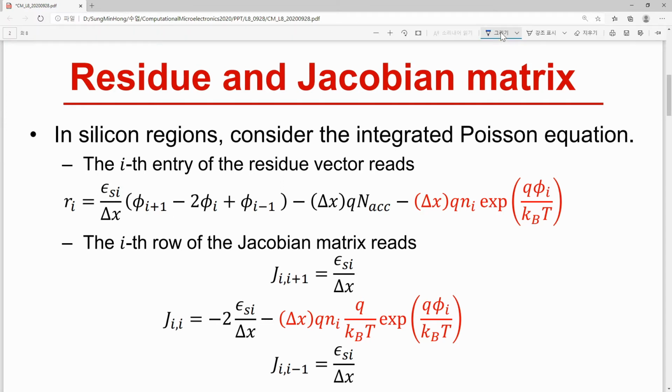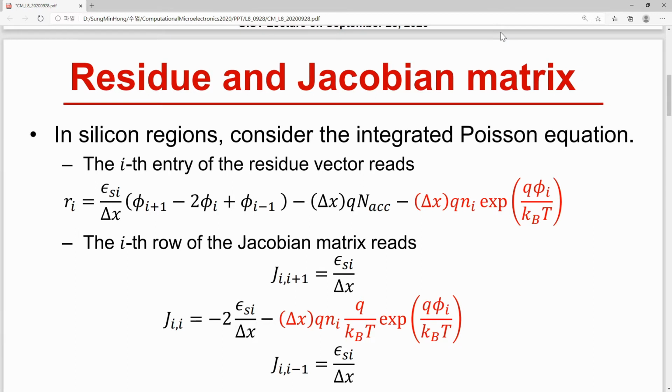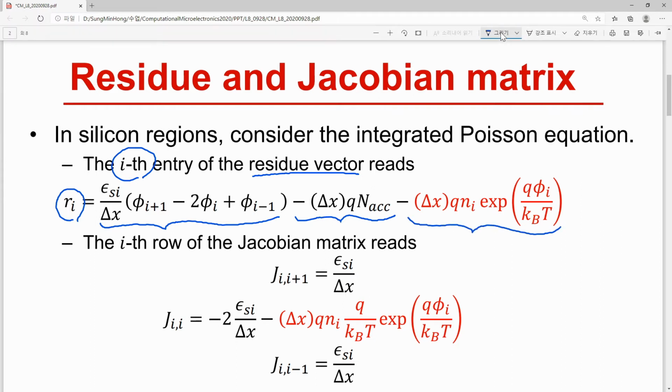However, the nonlinear term in the Poisson equation is really localized. So when you have a look at the residue vector, its i-th entry Ri can be written like this. This corresponds to the Laplacian part, this corresponds to the doping dependence, and this corresponds to the contribution from electrons.